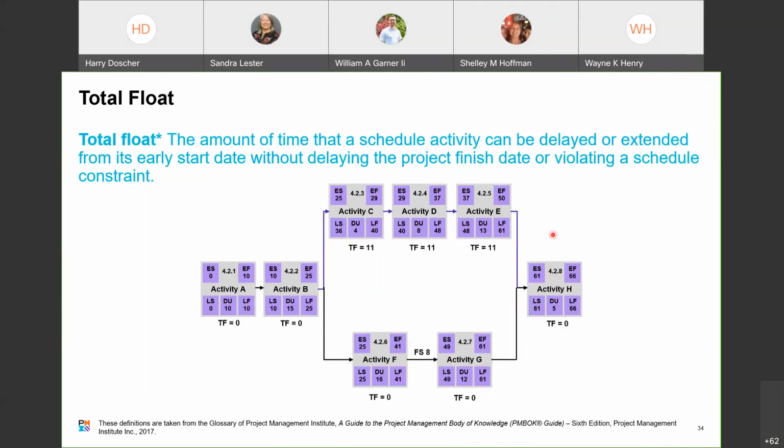Okay, you've got early finish here of 50, early finish of 61. And that'll be your total float. And so activity C, D, or E could start up to 11 days or weeks or whatever, 11 units of time later than the early start date of activity F. Okay.